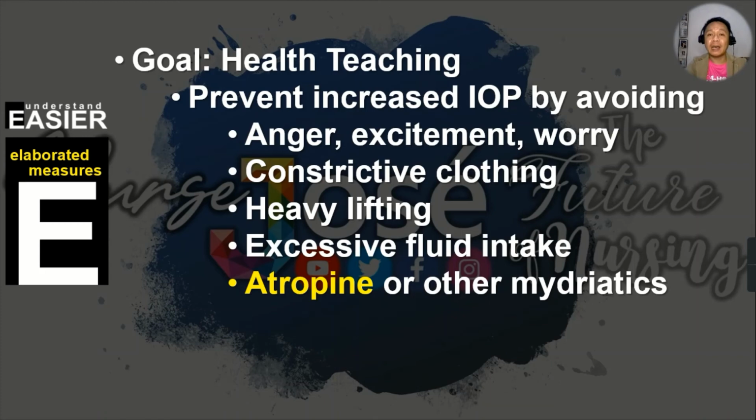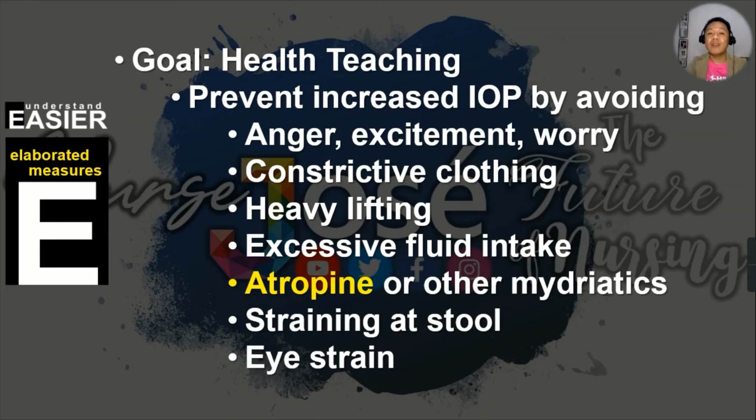Atropine is an anticholinergic, so you have to avoid giving this and other mydriatics, because they will cause dilation of the patient's pupil. At the same time, you have to let the patient avoid straining at stool. That's why it's very important for us to remember that this patient must be prevented from having constipation. And of course, you also prevent the patient from having eye strain.